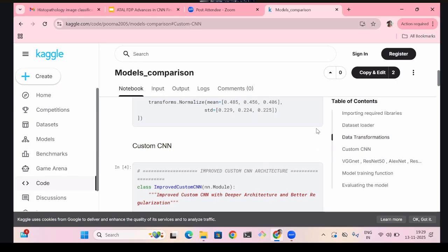When we train for more epochs, they try to overfit because we have less data. Okay, so with this, I conclude my talk.